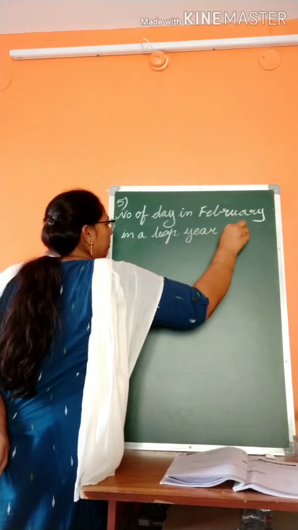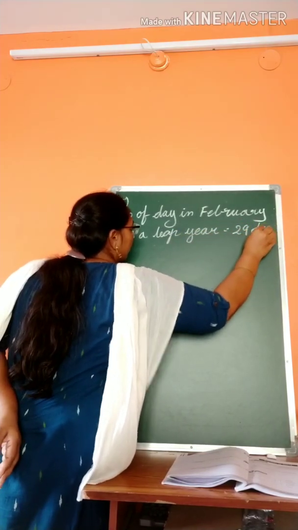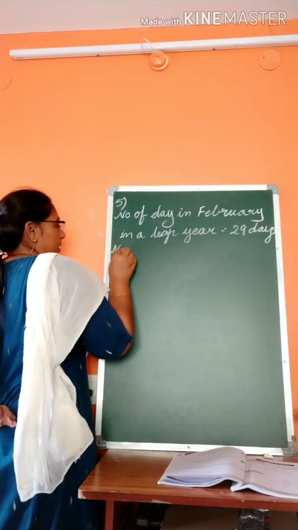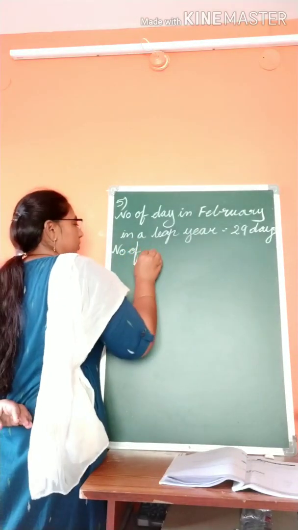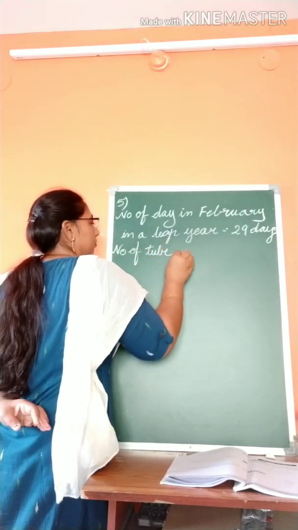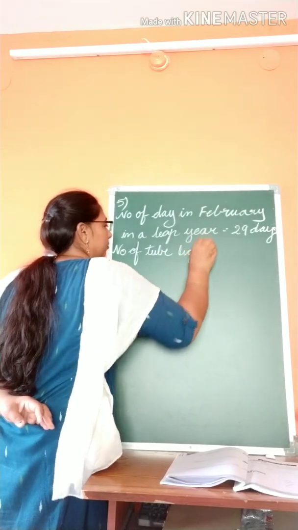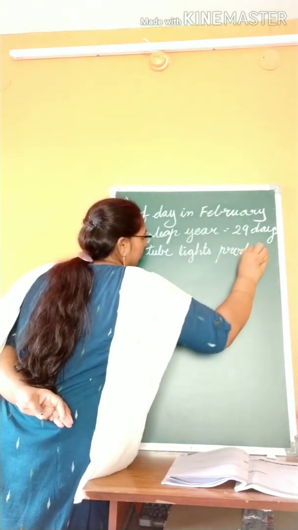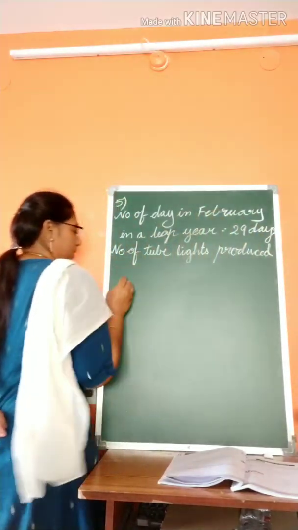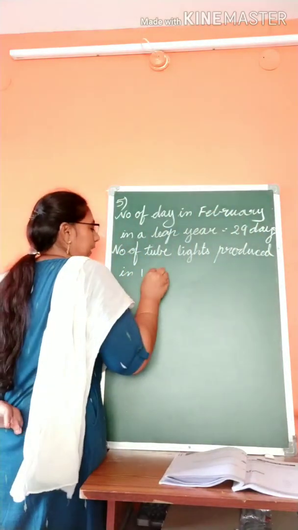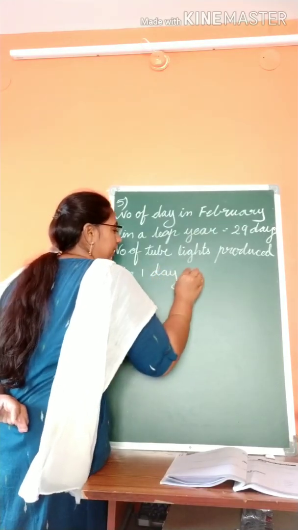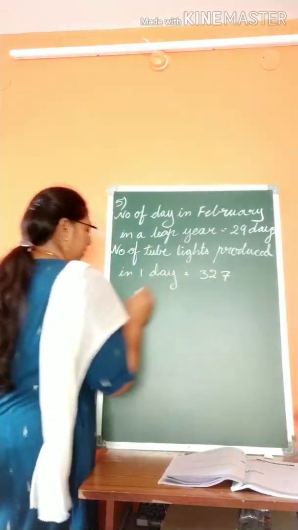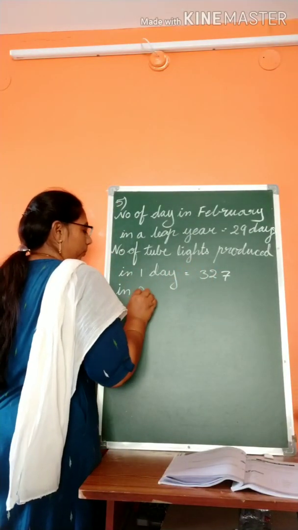It is 29 days. Okay, now write the statements. Number of tube lights produced in 1 day. How many tube lights are produced in 1 day, children? It is 327. And in 29 days.